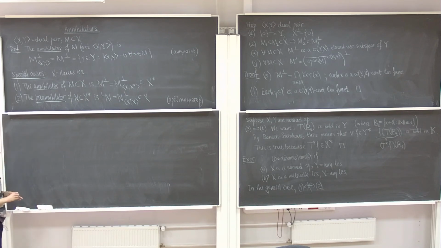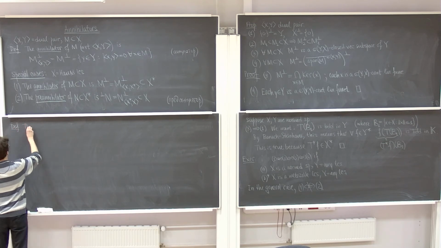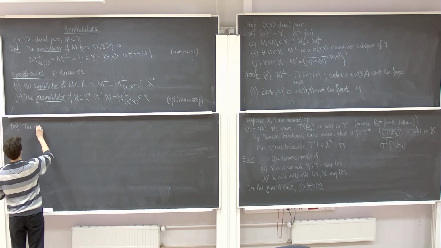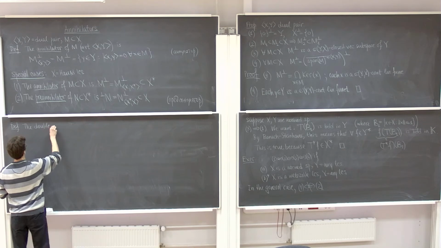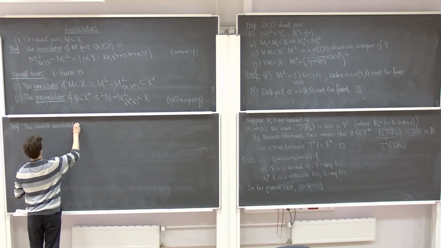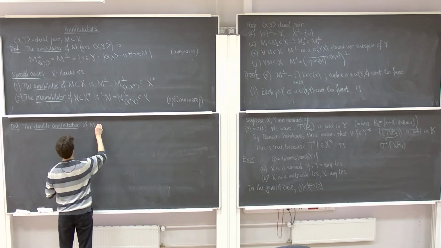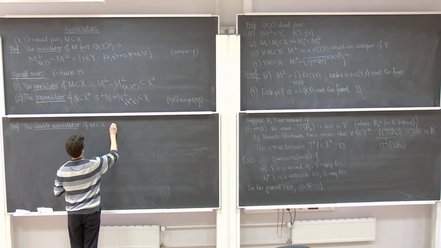Okay, we now introduce the double annihilator. By definition, the double annihilator of a subset M in X is the following.